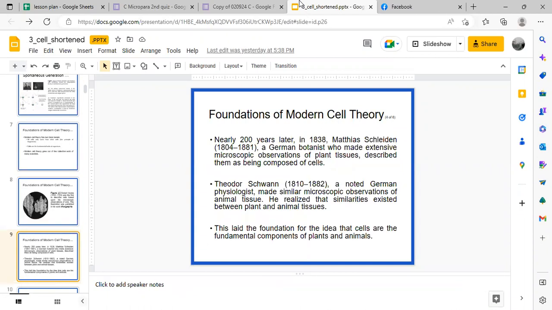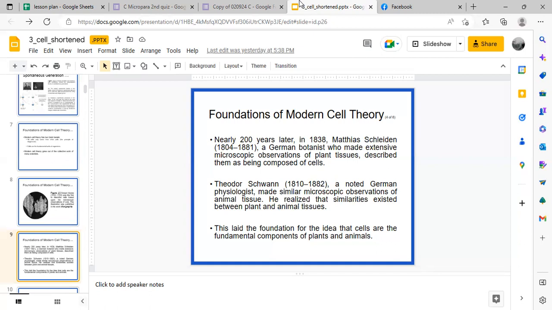And then you have Schleiden, who made extensive microscopic observation of plant tissues. And he also described them of being composed of cells. So this time, alam nyo, may mga components. Mas detailed yung sinabi niya. And then you have Schwann. So he also made similar microscopic observation, this time animal tissues. So he observed similarities between plant and animal tissues.